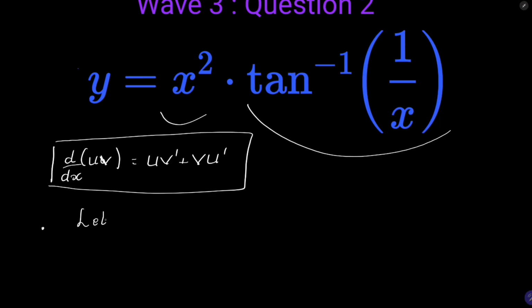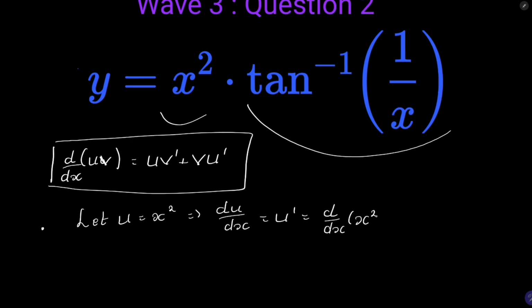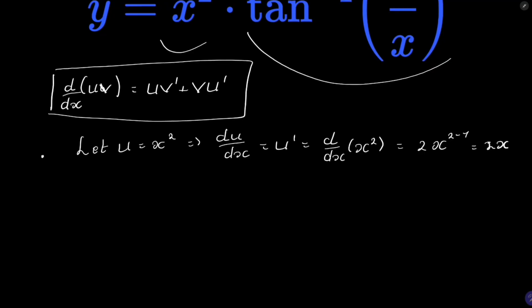We will let u be equal to x squared. This then implies that du on dx, which is equal to u prime, is equal to d on dx of x squared, which is equal to 2x to the 2 minus 1, which is equal to 2x. Now let's move on to our v.